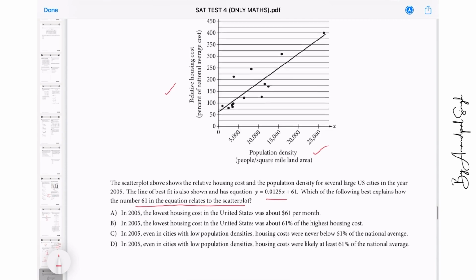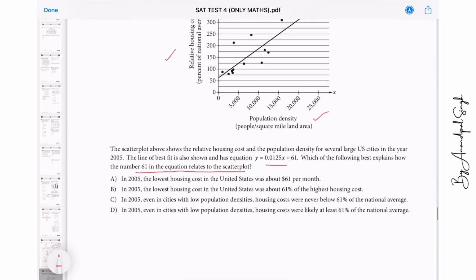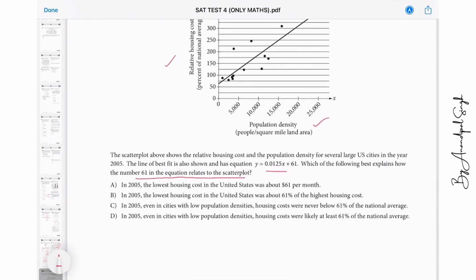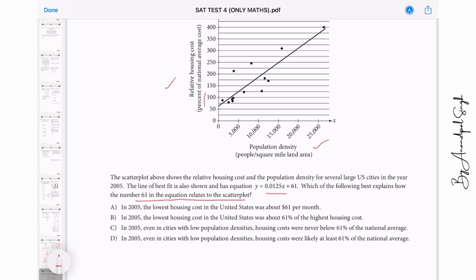61 over here is the y-intercept, right? So when it's the y-intercept, it means it's talking about... In 2005, the lowest housing cost in the United States was $61 per month. No, they are talking about the percentage of the national average cost, so this is not it.